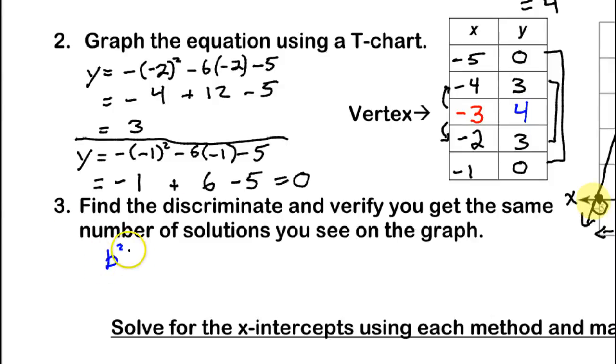Okay, and calculate it. See what you get. You can make a prediction already because you know how many solutions there are. There are 2 x-intercepts, so there are 2 solutions. So I should tell you what the answer is supposed to be, so I verify that.